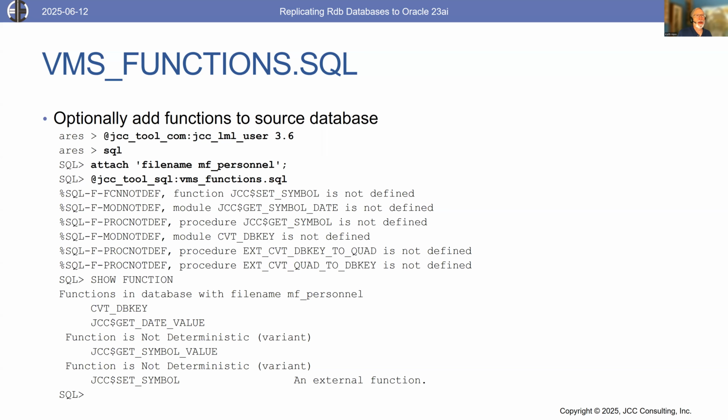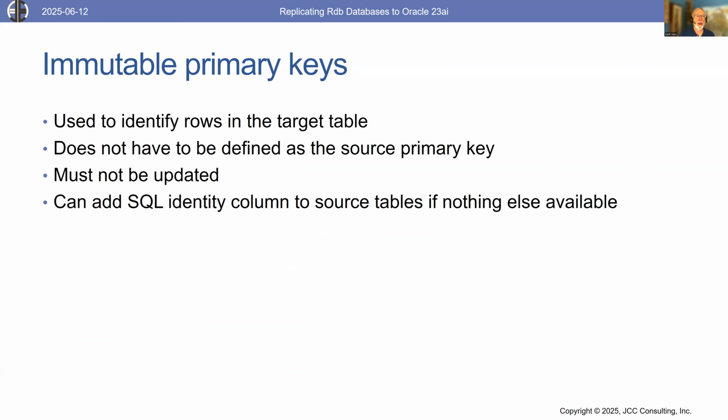It's required if you want to use one of the LogMiner Loader features to exclude some tables when you do some of the configuration file generation. I mentioned immutable primary keys.